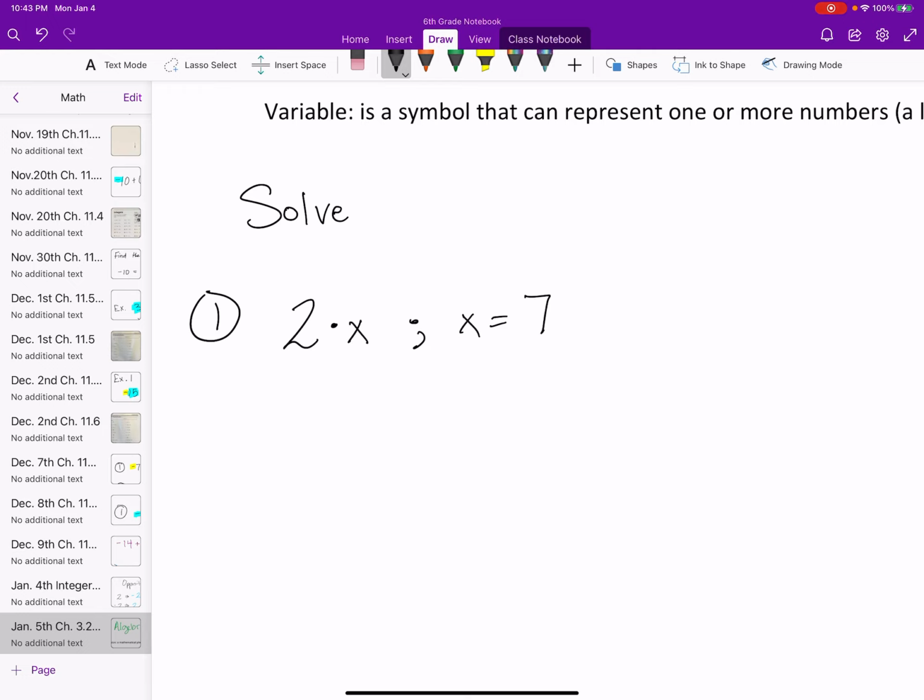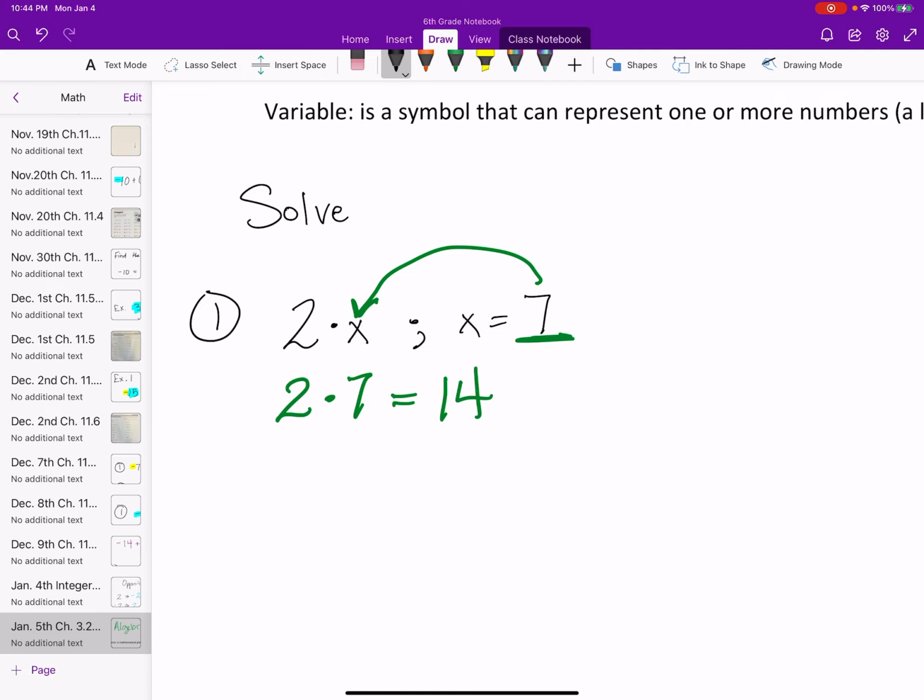This is how it's going to look on your page today. All you have to do is plug in 7 for x and you get 2 times 7 equals 14. That's literally all you have to do. It's like normal adding, multiplying, dividing, subtracting.